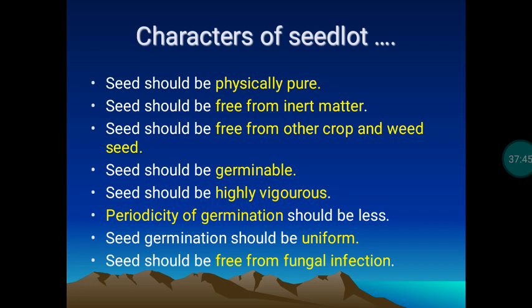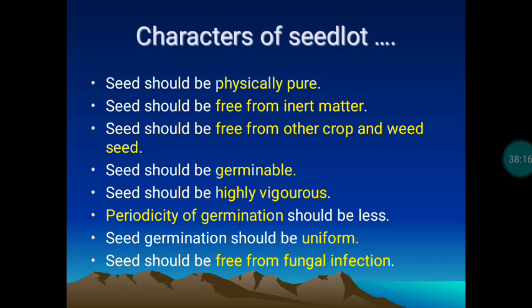The seed is fully packed with nutrients, and the nutrients are not degraded, so it immediately enters the metabolic activity that produces the seedling. If there is any problem, the seed will take more time to give rise to a seedling, and that is not good. So with reference to quality, the periodicity of germination should be less.